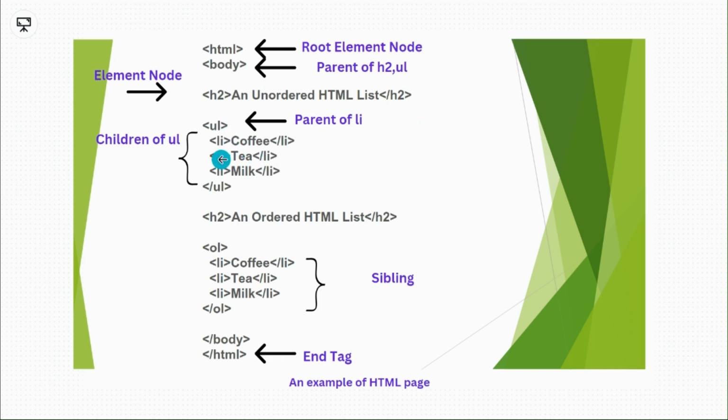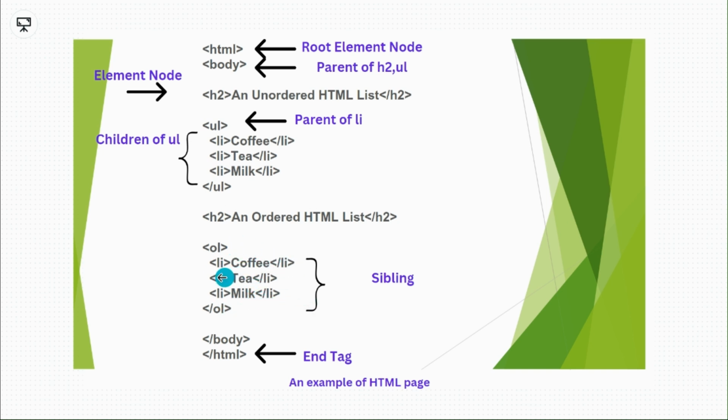Similarly, you can see these are other elements, li, which are under ul. So these are the children of ul, and that's how ul is the parent of all these elements: li coffee, li tea, li milk. These are the children of ul. And there is one more tag, ol, which again contains a list. It has multiple list elements.